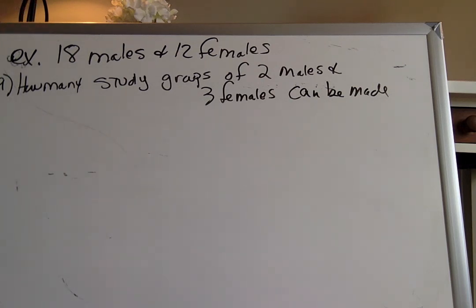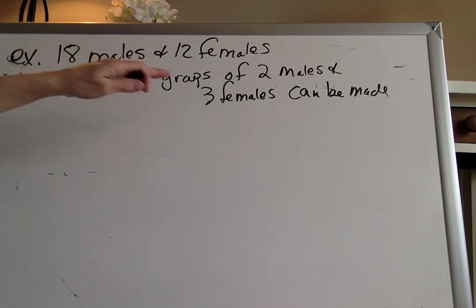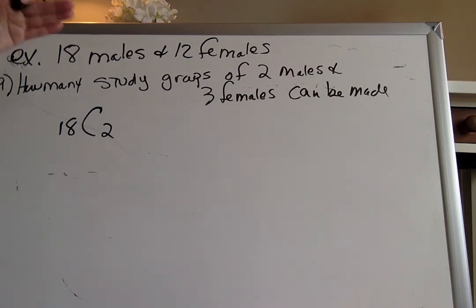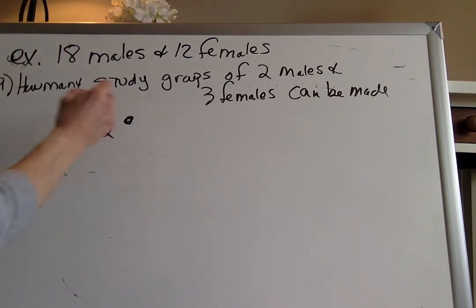All right, how many study groups of 2 males and 3 females can be made? So see, I'm not just grabbing 5 people out of 30. I have to split it up. So out of my 18 males, I need to grab 2 of them. So that would get me a bunch of duos, a bunch of pairs of men, right? And for each one of those pairs of men, I would have different trios of girls.